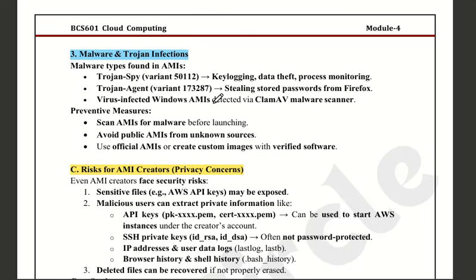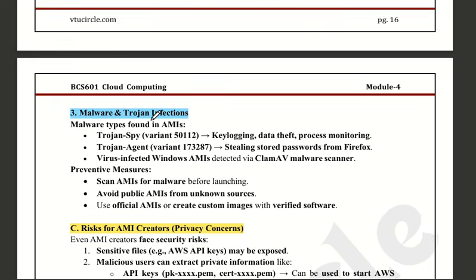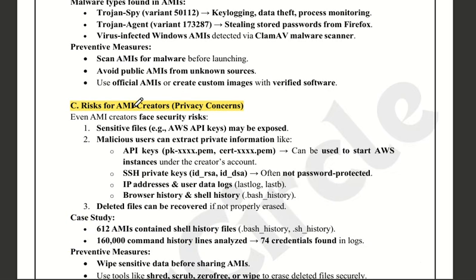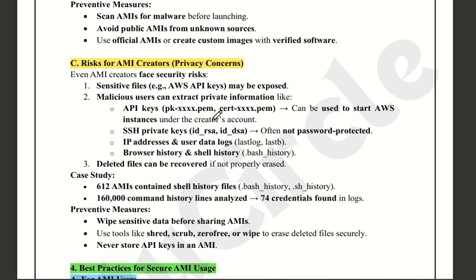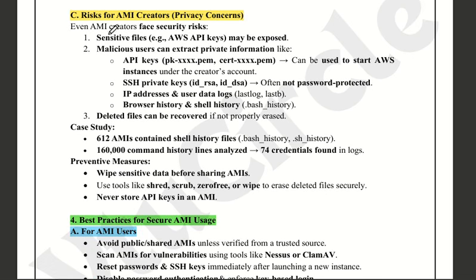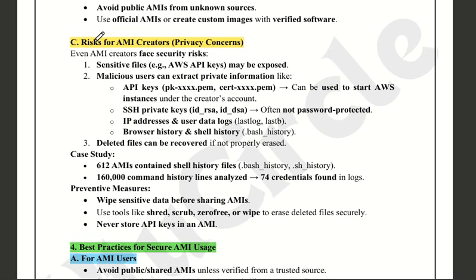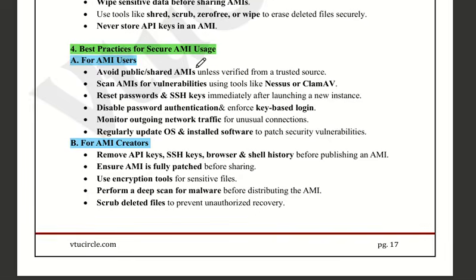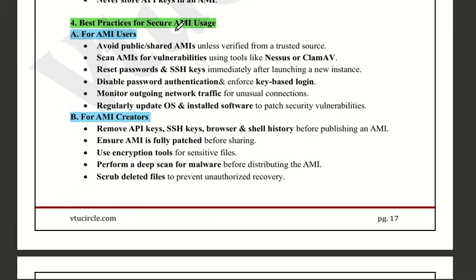Those are the sub topics. The third one is the risk for AMI creators. Whatever risks they face, all the concepts are discussed, you just have to practice or remember these parameters. Then the fourth one, best practices for Amazon Machine Image users.